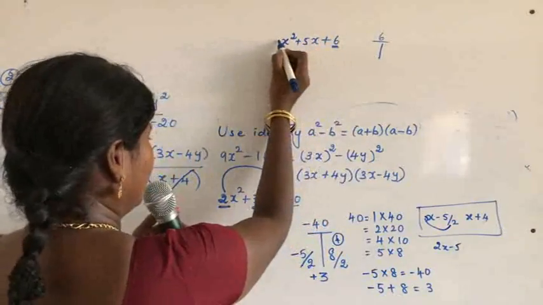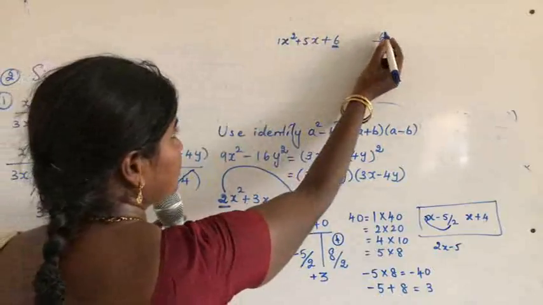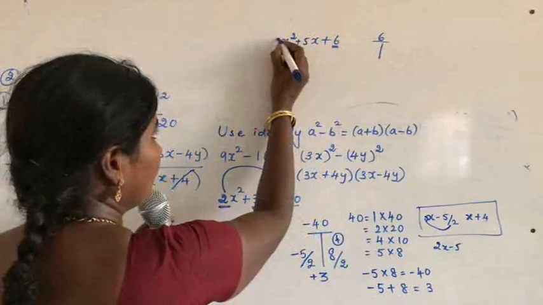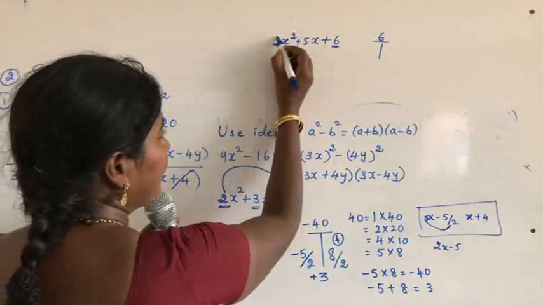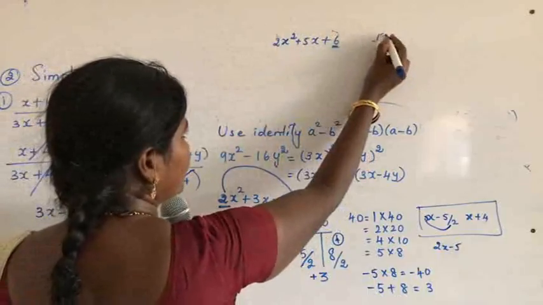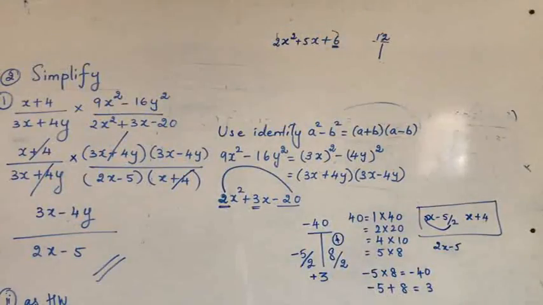Here the coefficient is 1, so when you multiply 1 and 6, it gives you 6. But if you have a coefficient other than 1, that is 2, you have to multiply this and the last term, so it becomes 12. So follow the steps and expressions carefully, and whenever you use the T method, do it properly. Okay, children? Now let's go for the third sum.